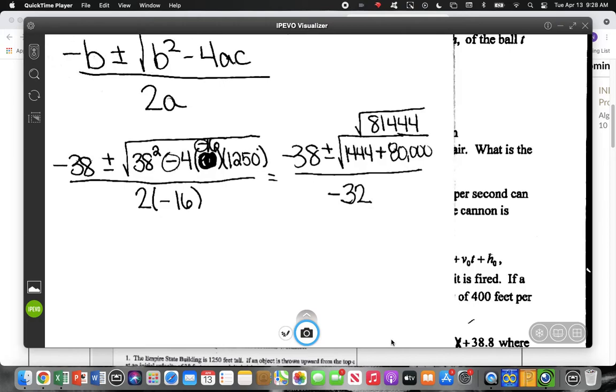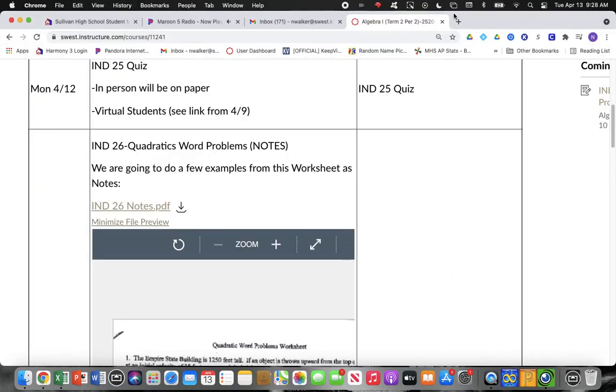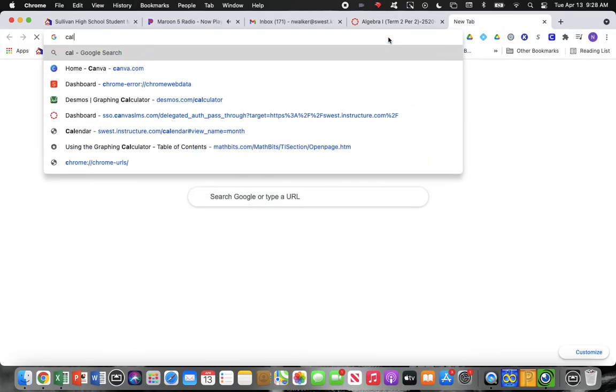All right, now do you think I really want you guys to do this by hand? Today, decimals are okay. We are going to just use the square root button on our calculators to find a decimal. So for those of you that have the Google calculator up, it looks like this.